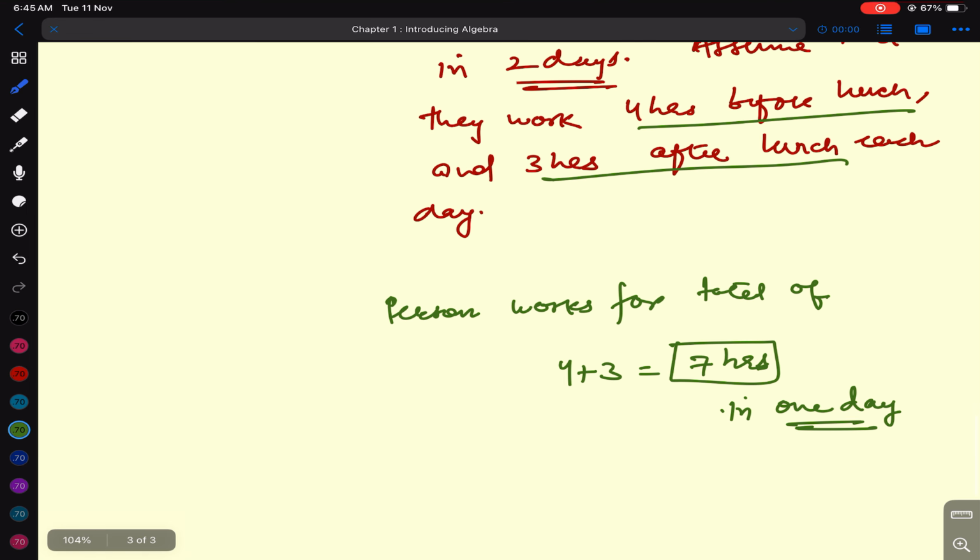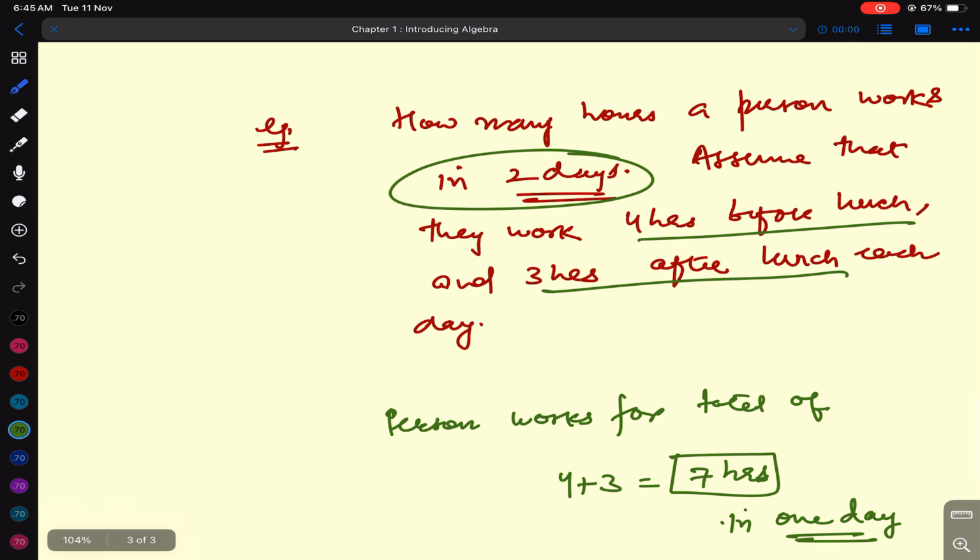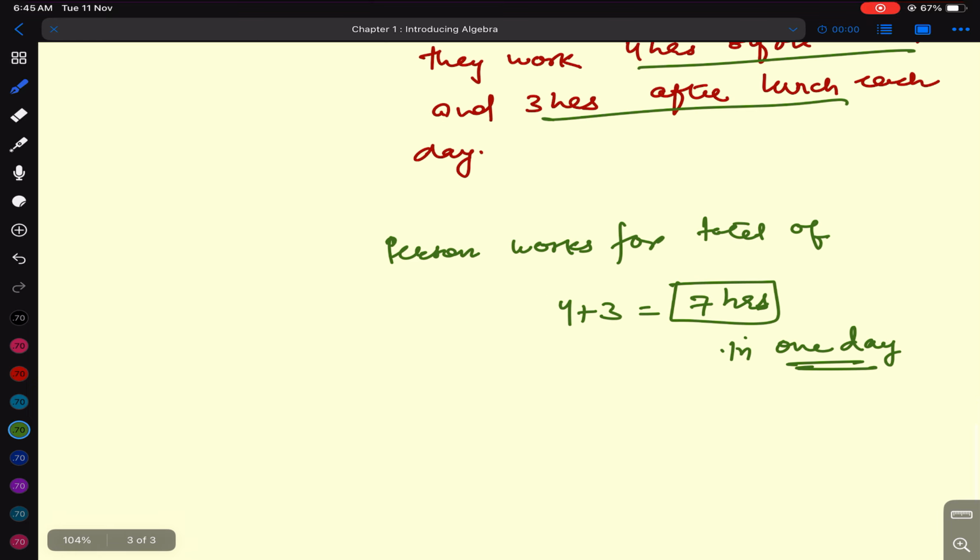Now in order to calculate the same thing for 2 days, we are going to multiply this by 2. So 7 is going to be multiplied by 2. What is 7 here? 7 is the work done in 1 day, and since we are supposed to figure out for 2 days, we are going to multiply this 7 by 2. That is going to give us 14 hours.